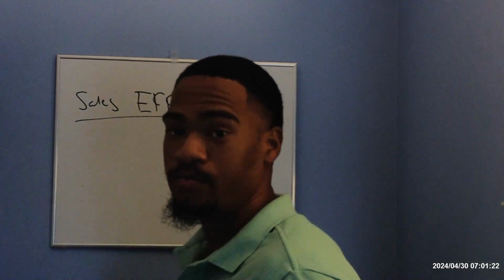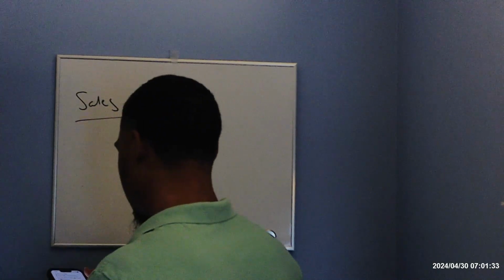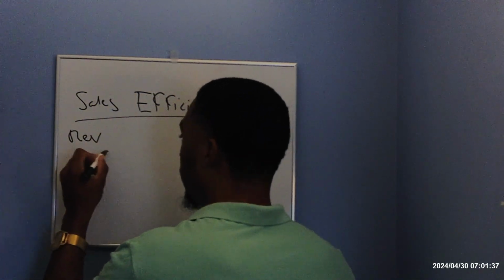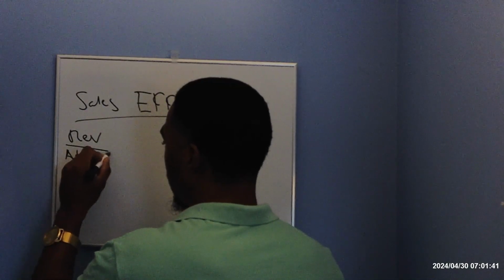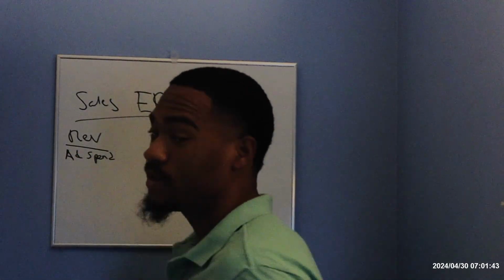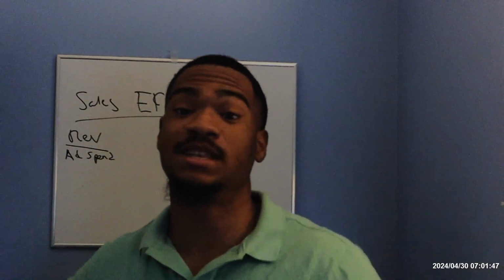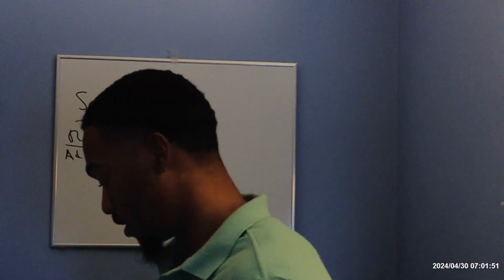Sales efficiency, got my formula right here, is revenue generated over ad spend. So basically, how much money you're getting in total versus how much you're spending to get those leads and generate those revenues and profits.